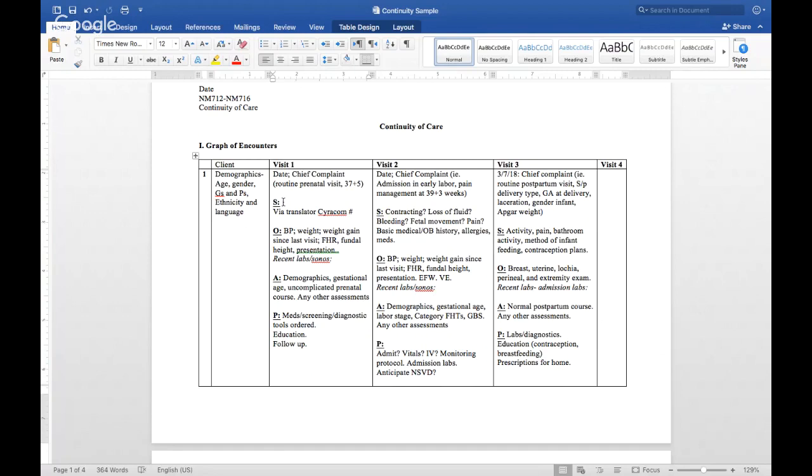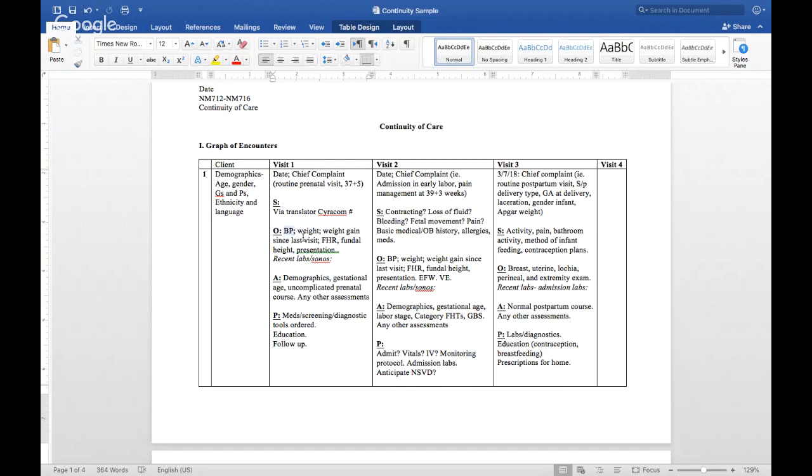And obviously, it's more challenging to provide care to patients who speak a different language than you do, as I do every single day. So just her subjective information, and the translator number that we use, we always put there so we can have some kind of permanence or some kind of documentation of who the translator was.